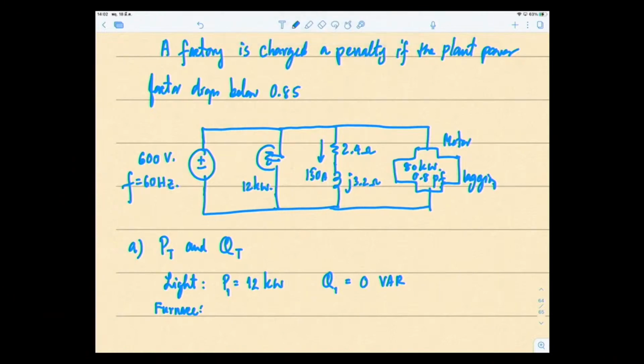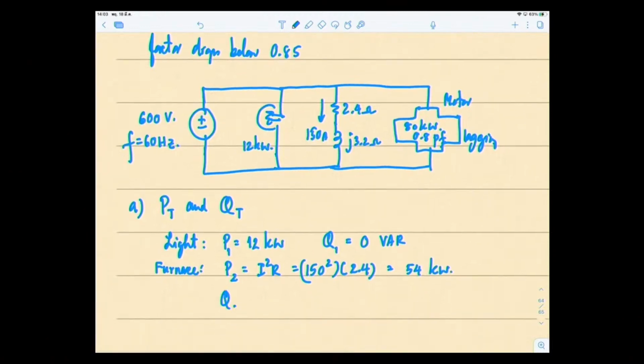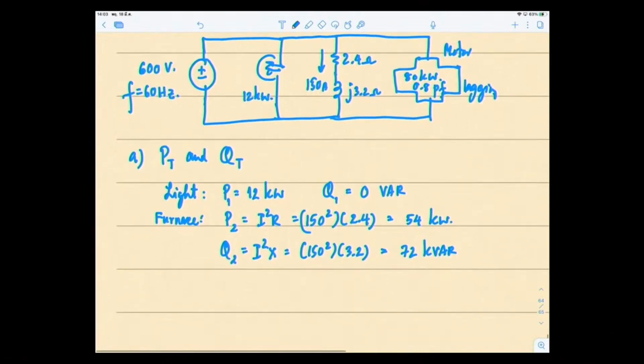So the formula is P2 equals I squared R, which equals 150 squared times 2.4, so it's equal to 54 kW. The reactive part is I squared X, so 150 squared times 3.2 ohms, equal to 72 kVAr. That's the second load.